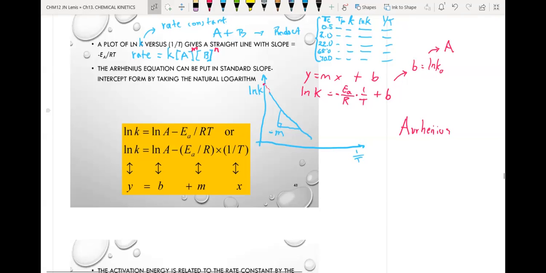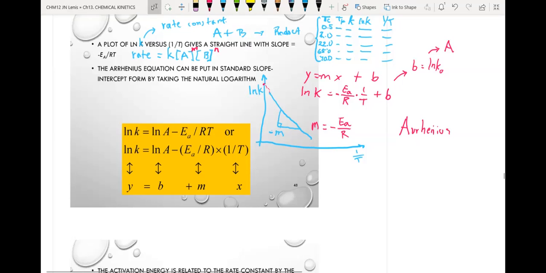In this case, the slope is negative, right? Because we have a negative slope, and happens that that slope equals negative activation energy over R. And we can use this information to find experimentally the value of that activation energy for that particular reaction.